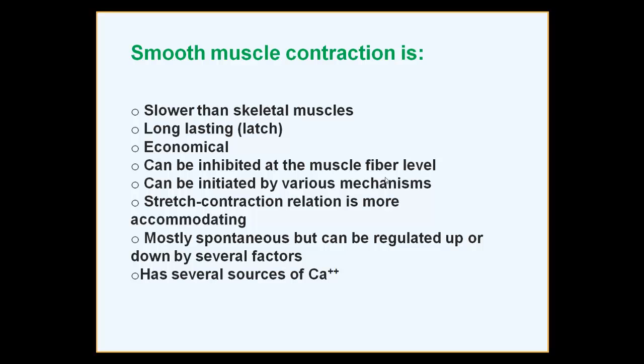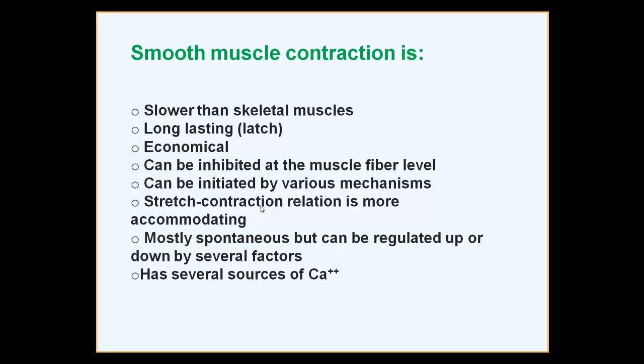It's a very, very important difference between the smooth muscles and the skeletal muscles. So the stretch, this is what I mean here by the stretch contraction or the stretch tension relationship, is much more accommodating when it comes to smooth muscles than when we compare it to the skeletal muscles.